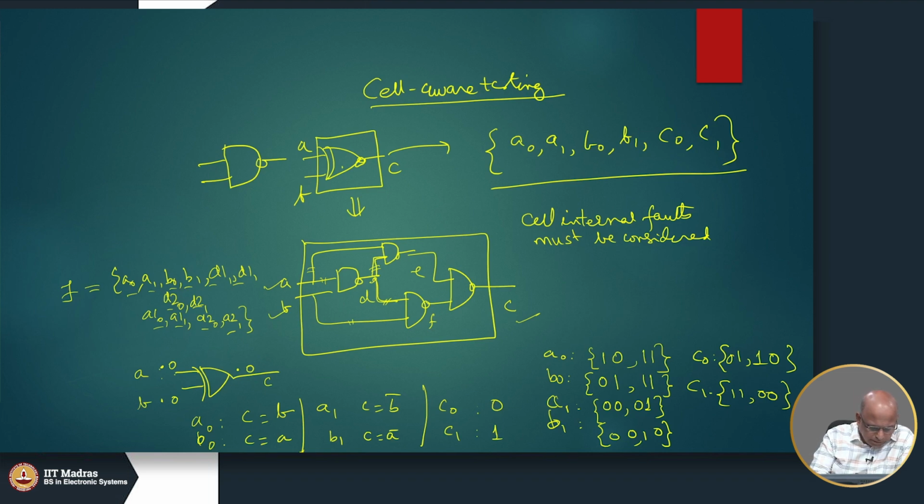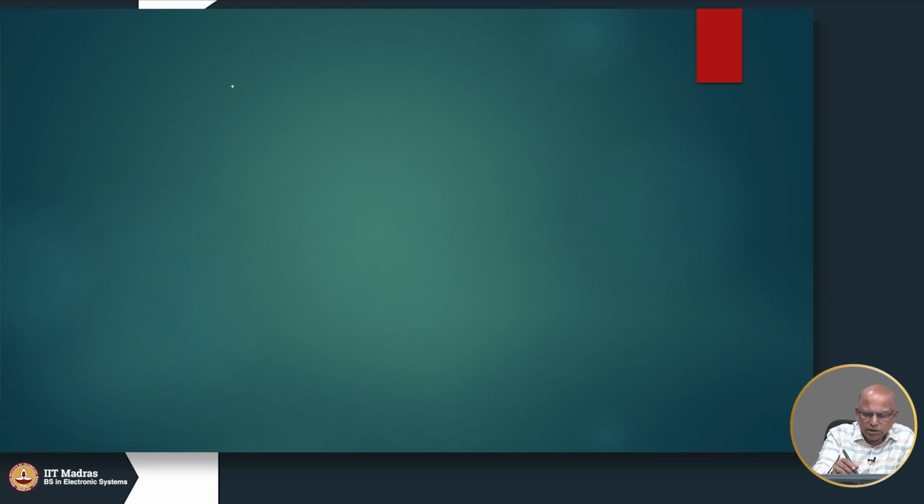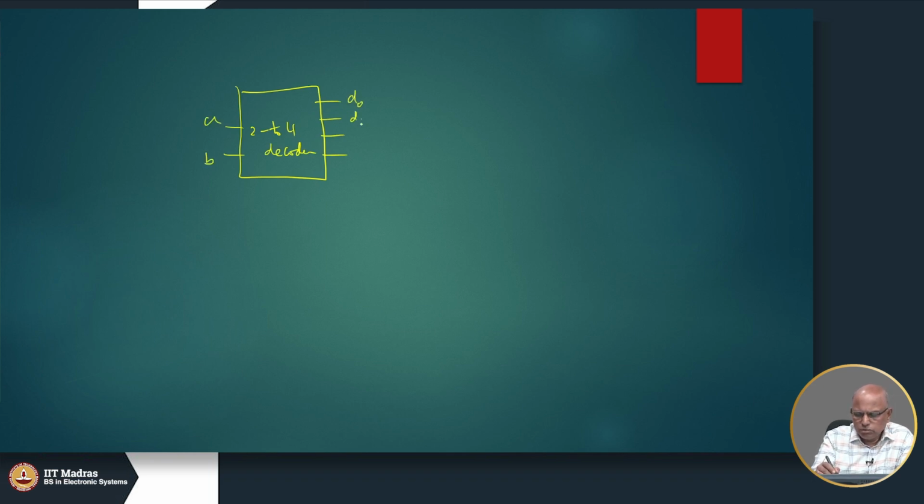If I draw the box very big, imagine I have a 2 to 4 decoder with inputs A, B and outputs D0, D1, D2, D3, and if I am willing to only look at the inputs and outputs and consider stuck at faults on those, then we are possibly forgetting that there may be a lot of faults inside. What about an ALU?